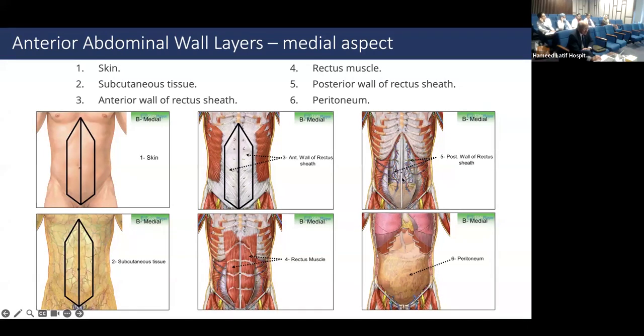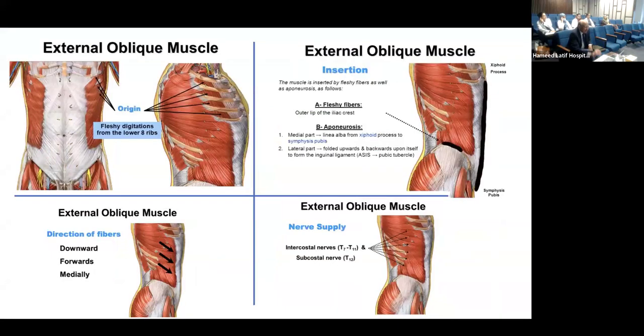And some of the blood vessels are shown here. So that is the difference between how the muscles are in the lateral part of the anterior abdominal wall and how they are represented in the medial part. If we look at the external oblique, it originates from the costal margins, fleshy, from the lower 8 ribs, and comes down, inserted by fleshy fibers as well as aponeurosis into the outer lip of the iliac crest.